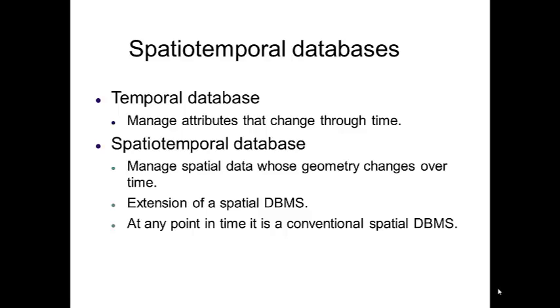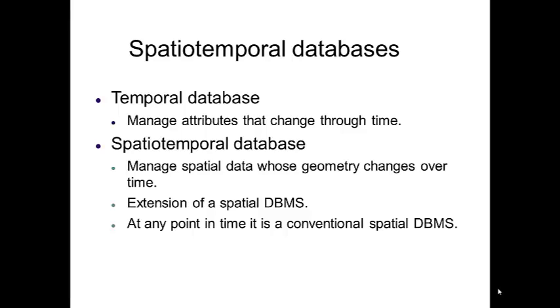And just a couple of little definitions there. A temporal database is simply a relational database that has time included in it, so that it allows you to manage attributes that change through time. And a spatiotemporal database is simply a database that allows us to do space and time together.